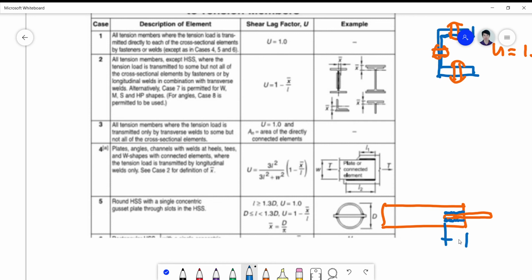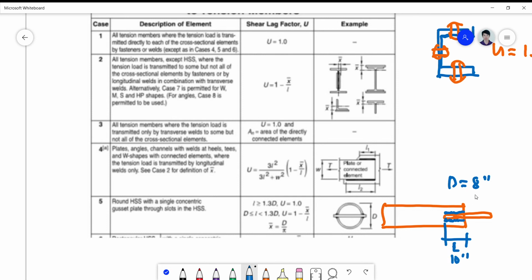So your L here is this one. Okay, so if this L is say 10 inches and your D is say 8 inches, so you just look into this criteria. Is 10 greater than 8 inches?